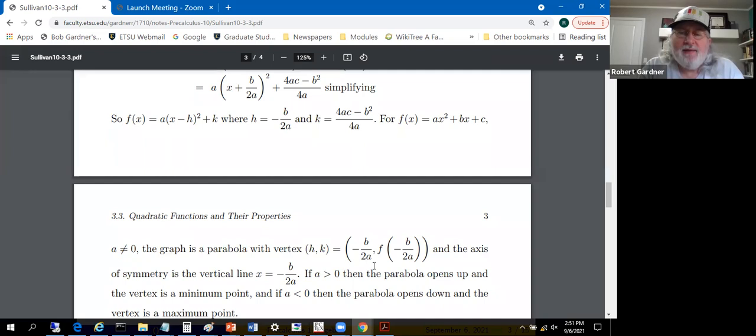Negative b over 2a. That sounds so familiar. The quadratic formula reads negative b plus or minus some stuff, all divided by 2a. Well, there's a negative b over 2a in the quadratic formula. There's some other stuff as well, the plus or minus square root stuff, but the fact that we get a negative b over 2a here and the quadratic formula also contains a negative b over 2a, that ain't a coincidence.